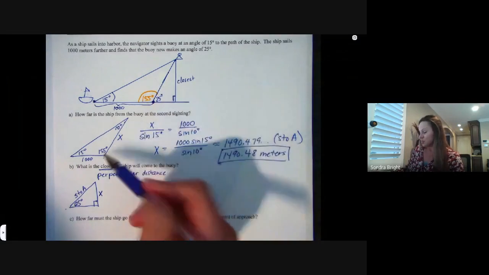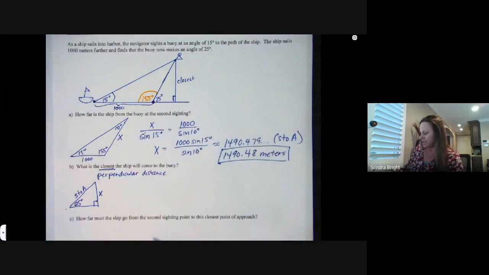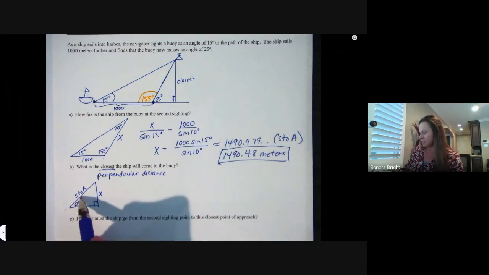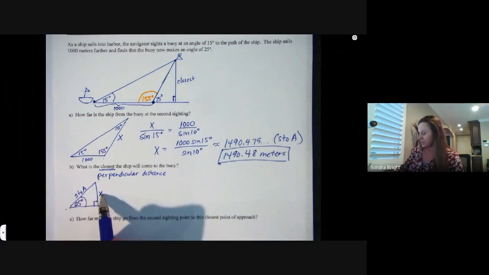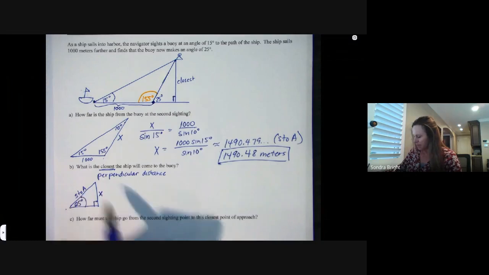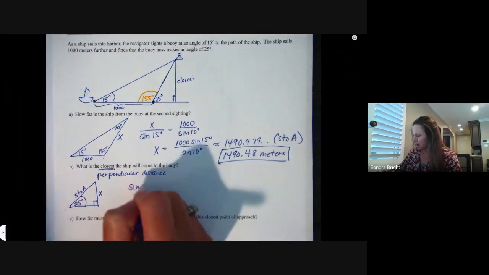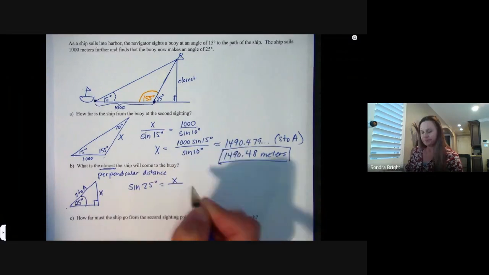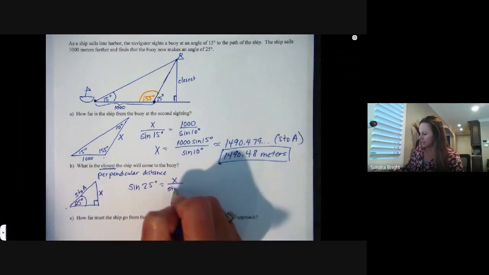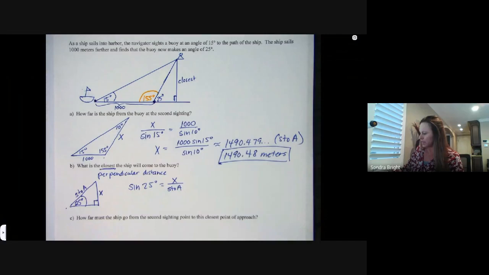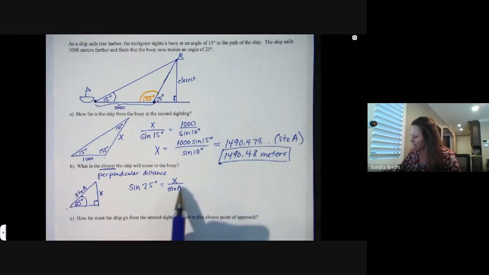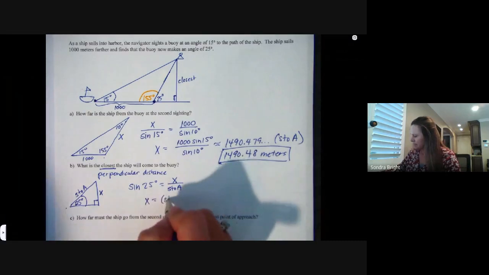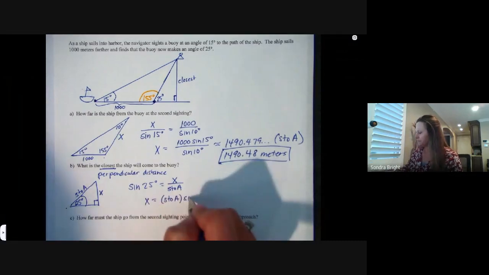Well, that's nice. That's a right triangle trig. For this angle, I have the opposite side and the hypotenuse, and that would be sine. So sine of 25 degrees is opposite over hypotenuse. And so to solve for x, I'm just going to multiply both sides by that stored A value. So x will be that stored A value times sine of 25 degrees.